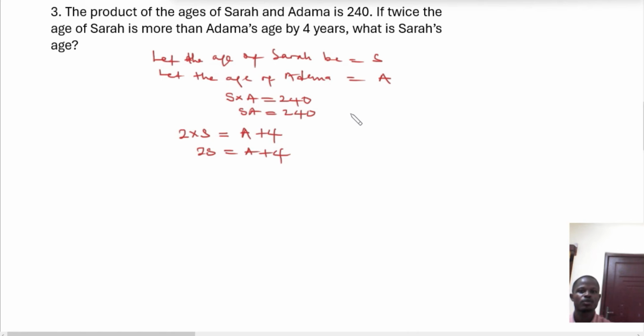So from equation 1, we're going to make S the subject. So S will be equal to 240 divided by A.